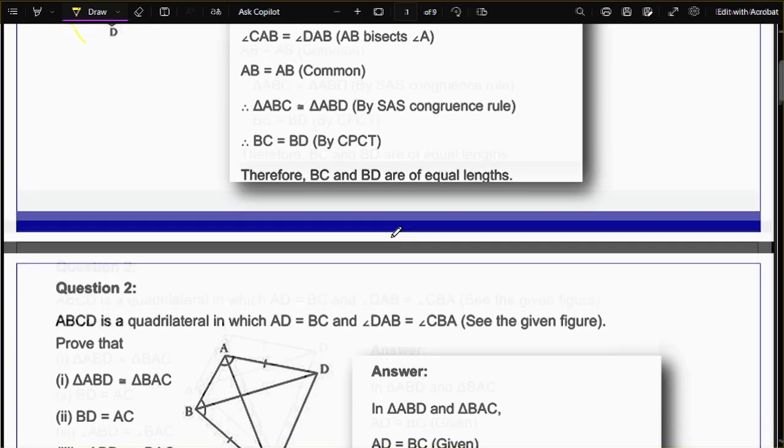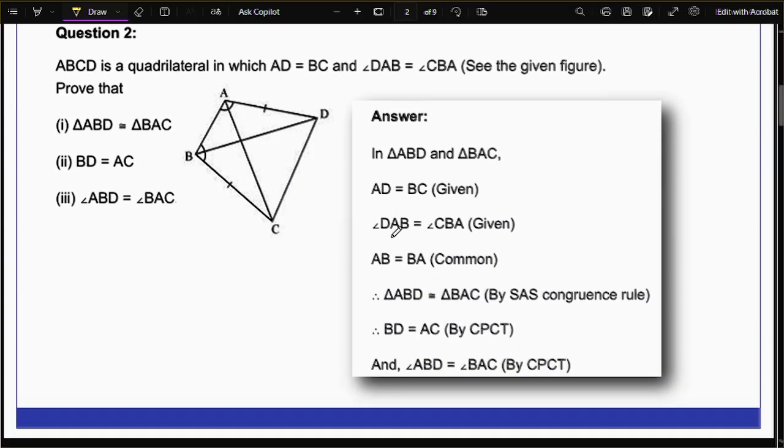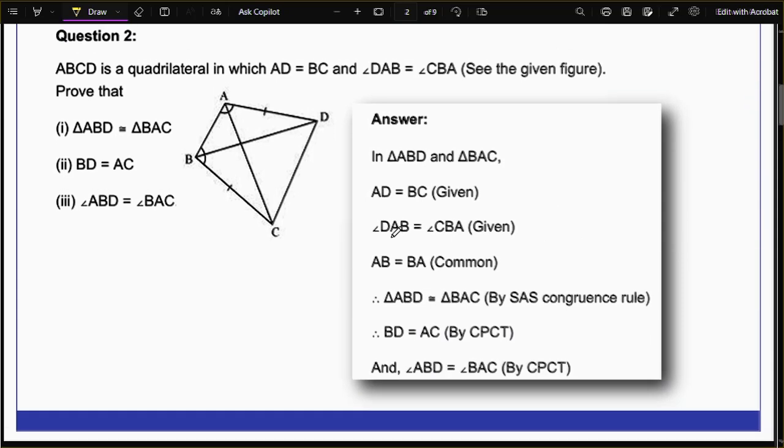Now the second question states that ABCD is a quadrilateral and AD equals BC, and angle DAB equals angle CBA.